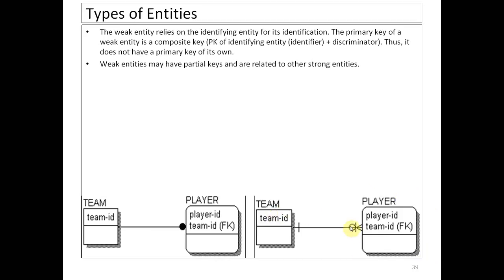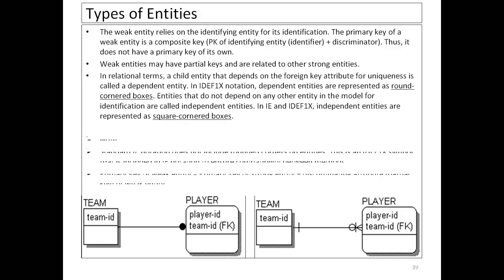Over here, team ID is used to identify a player ID, and hence team is an independent entity whereas player is a dependent entity, in an identifying relationship with the team entity, because here the team ID is used as a part of the primary key to identify a particular player uniquely within the player entity. So weak entities may have partial keys and are related to other strong entities.